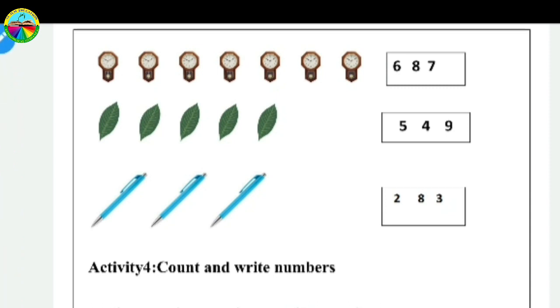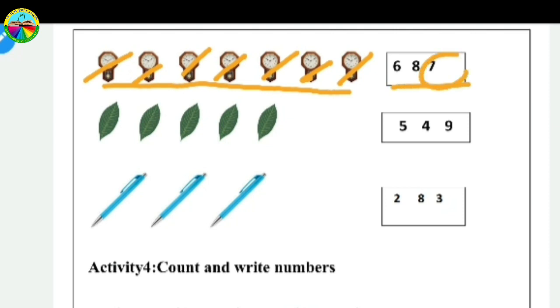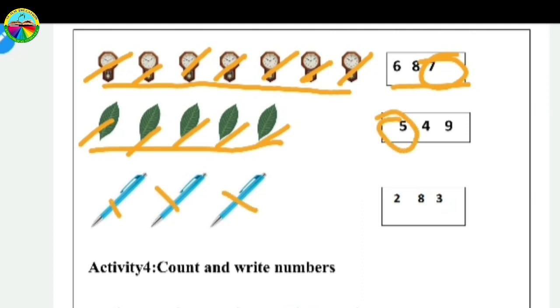Come to the next activity. See here. Count all the clocks: 1, 2, 3, 4, 5, 6, 7. 6, 8, 7 they have given. Circle this 7. Count it: 1, 2, 3, 4, 5. Circle the 5. Count it: 1, 2, 3.